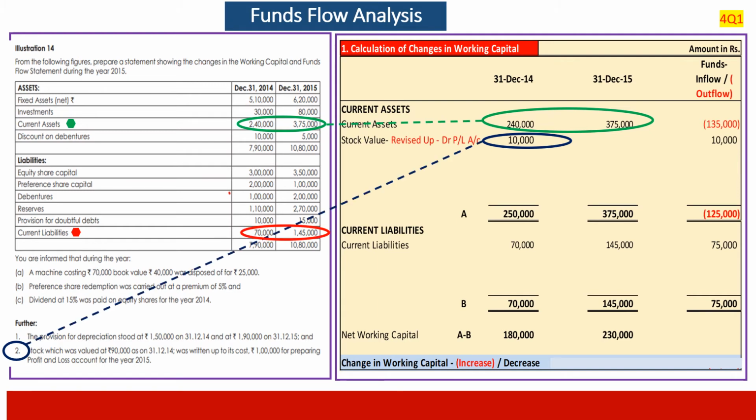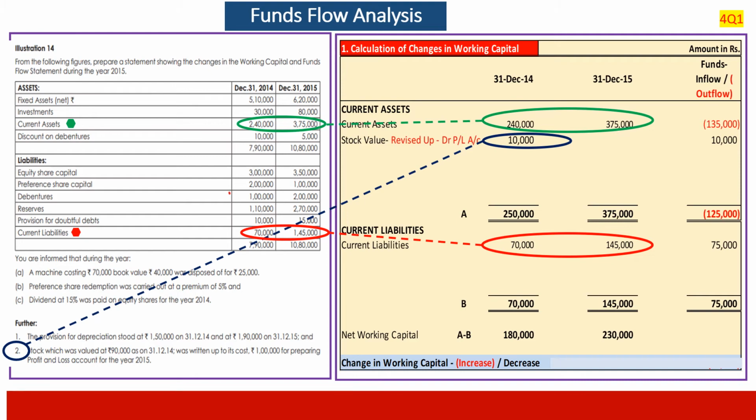Then we have got current liabilities 70,000 and 1,45,000. Effectively, current assets up by 2,50,000 to 3,75,000, means 125,000 is the outflow on current assets. Current liabilities, we have borrowed additionally 75,000. 125 was eaten up by current assets.